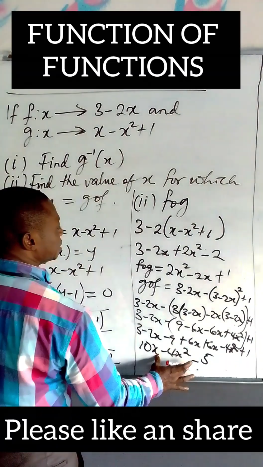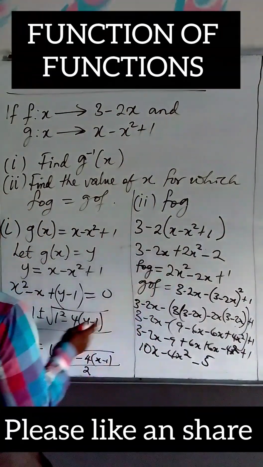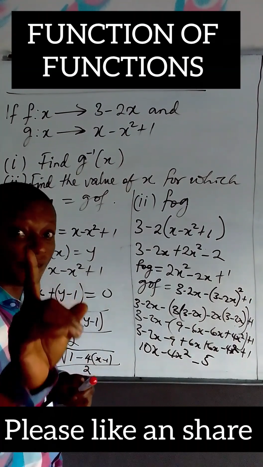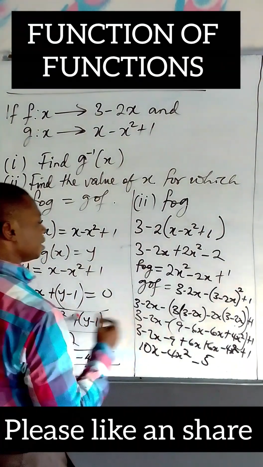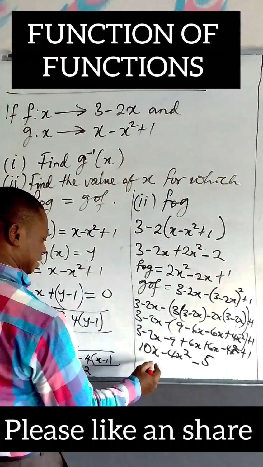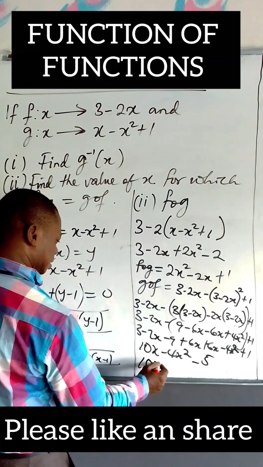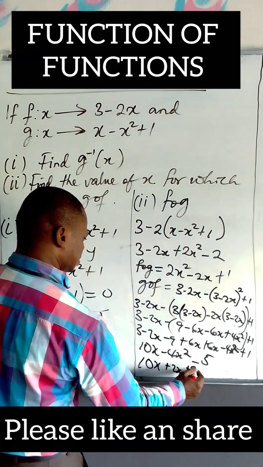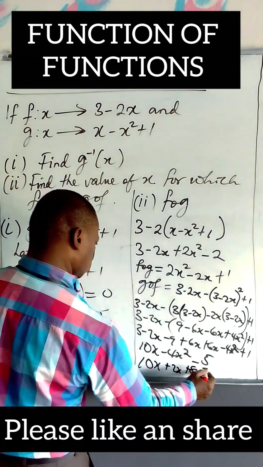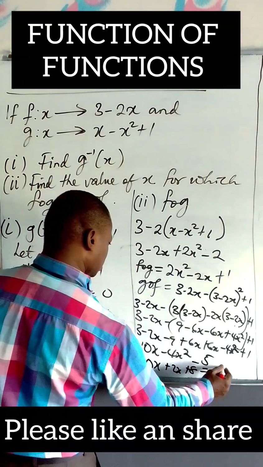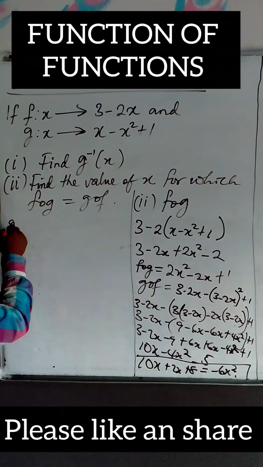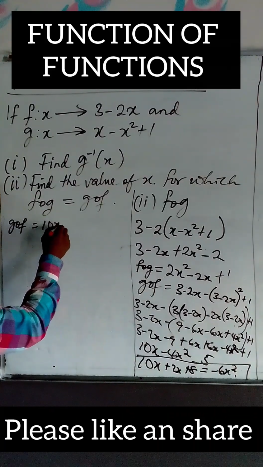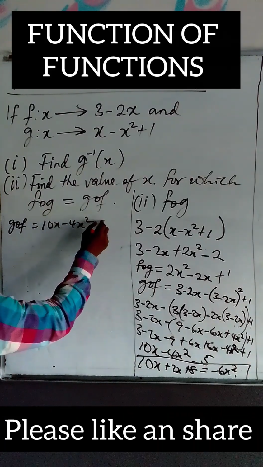Our g of f gave us 10x minus 4x squared minus 5.